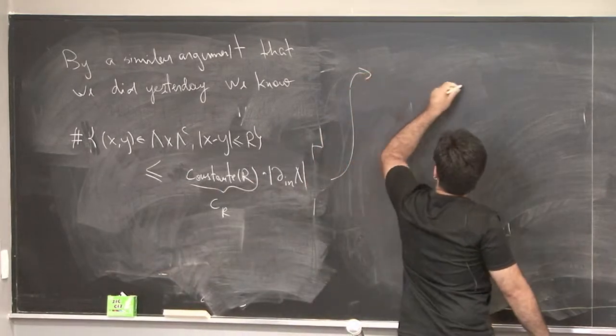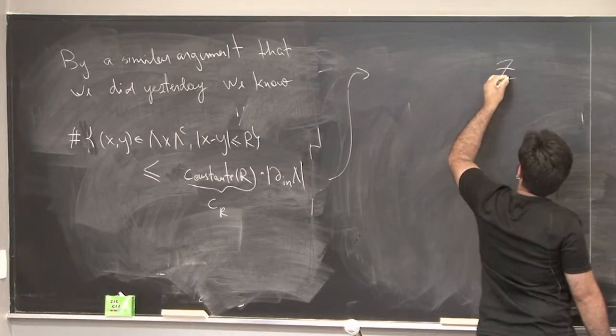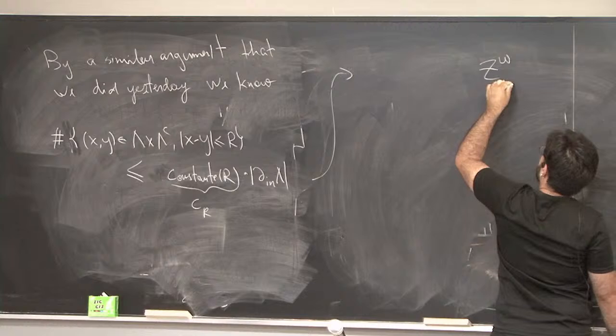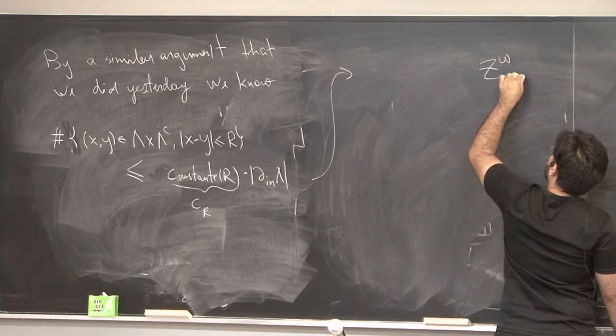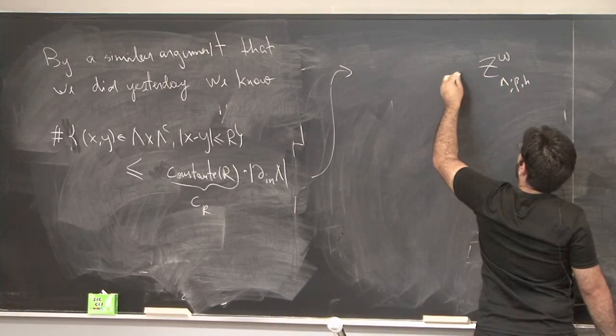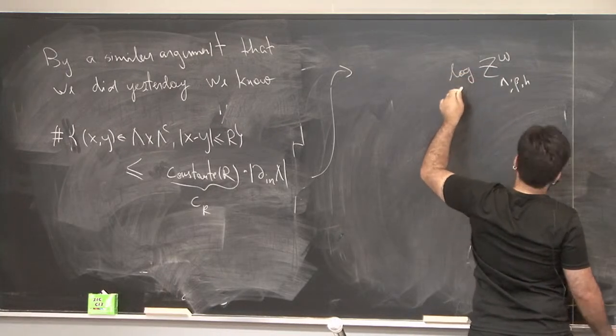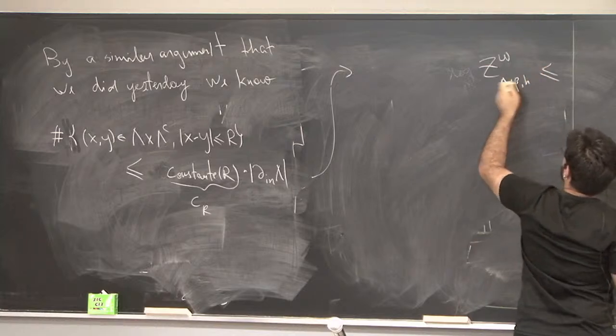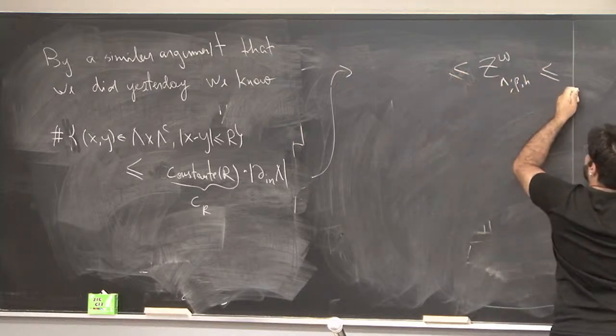So we actually have the partition function with a boundary condition, beta h. If we take the log, the partition function will be between two quantities.